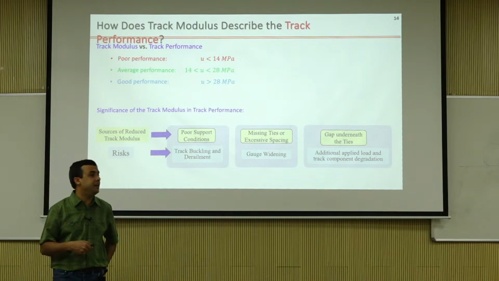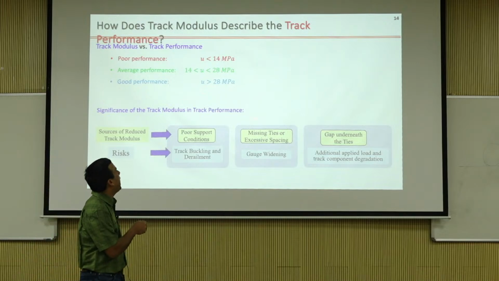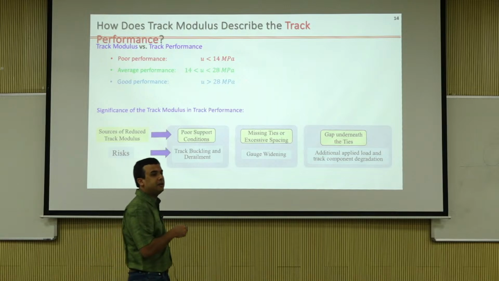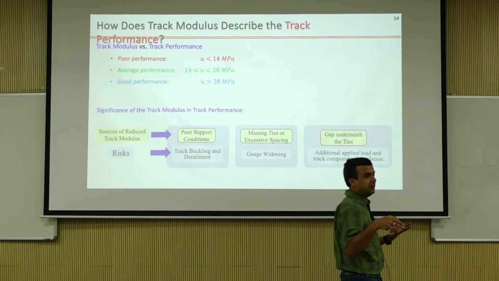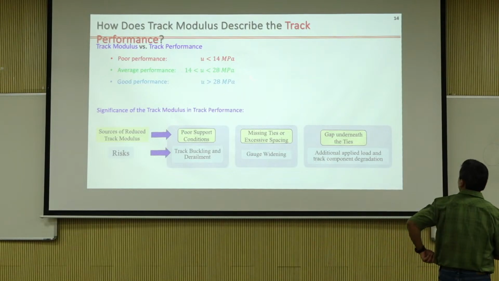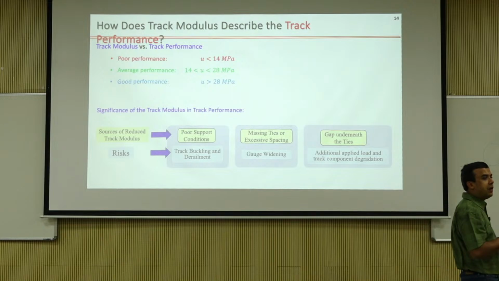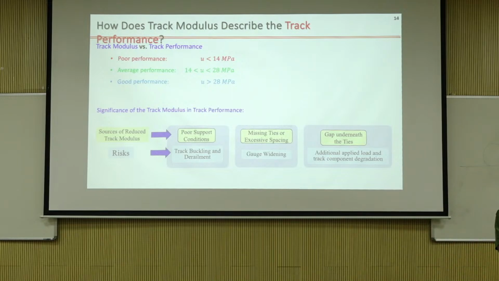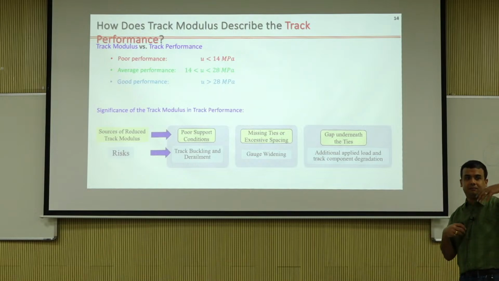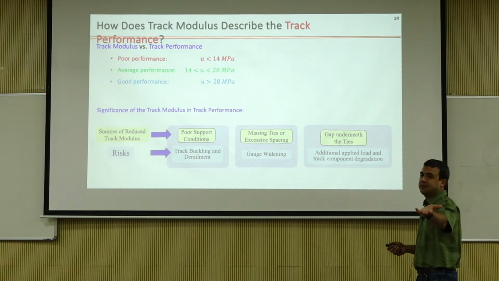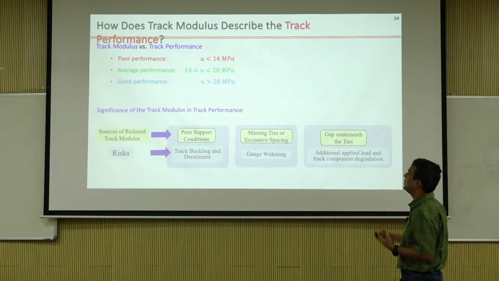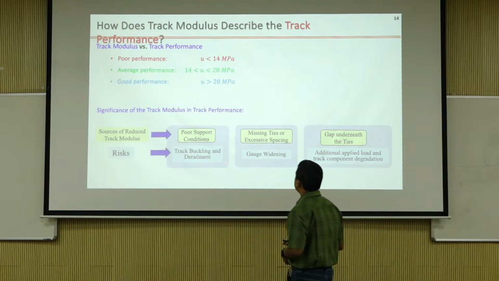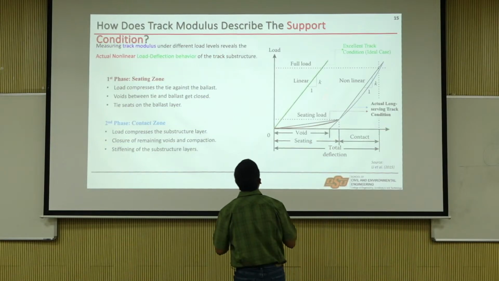So the idea is, first of all, how does this correlate with actual response that you see in the field? Plus how is this affected when I change from a clean ballast to a fouled ballast, dry subgrade to a wet subgrade, high plasticity clay to a low plasticity silt? How do they change? That's what this is.